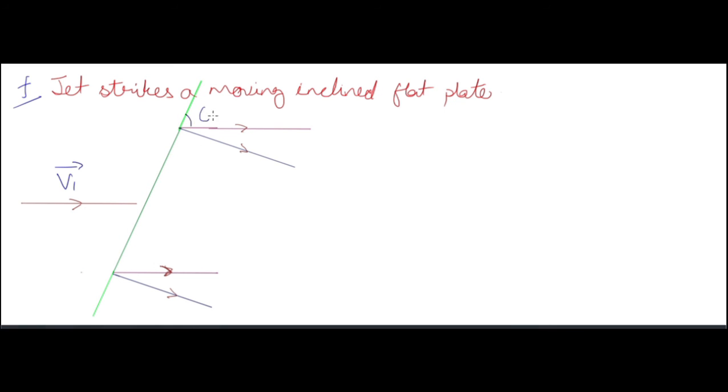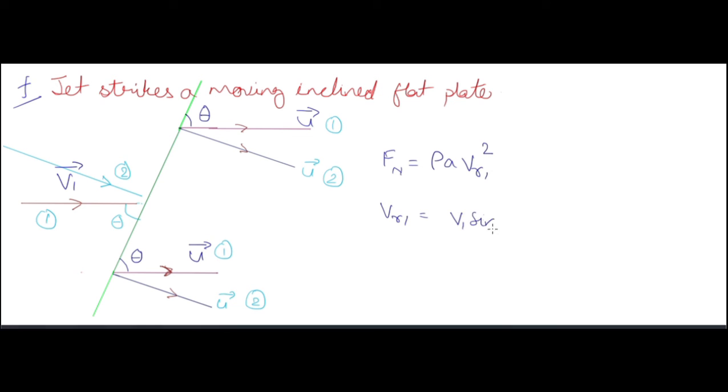Theta is the inclination of the plate with the horizontal, and this is Fn, the normal force. Now I am showing the components of velocity in the direction of Fn.